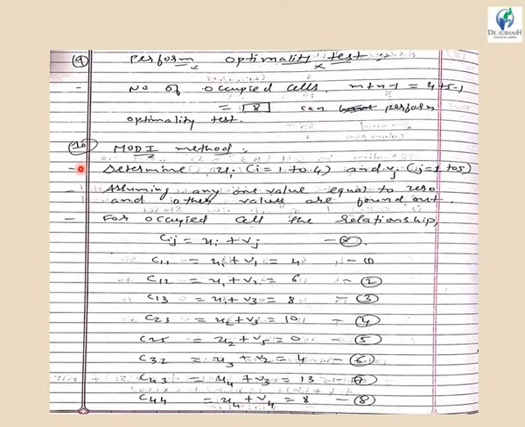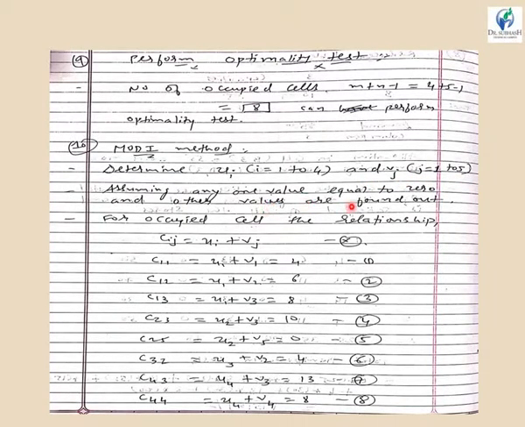For that, we have also seen one method to perform the optimality test, and that was the MODI method. We will follow that method here to obtain the optimal solution. So determining ui and vj of the rows and columns. ui is the general term for rows; there are 4 rows, so I have written i is equal to 1 to 4, and for columns there are 5 columns, so vj, j is equal to 1 to 5.